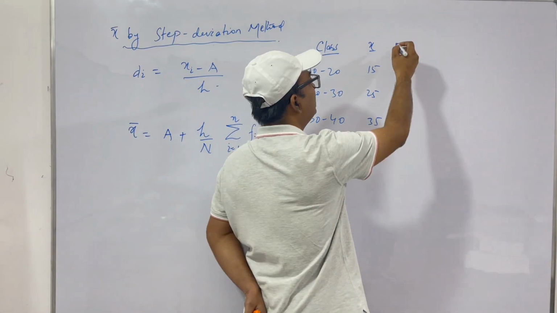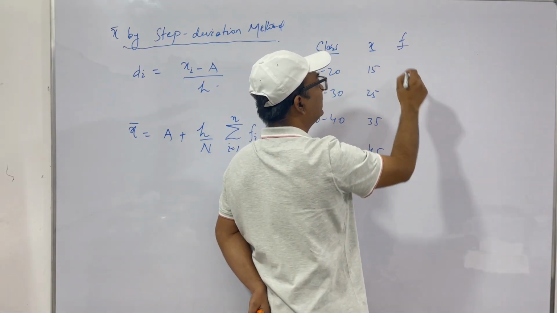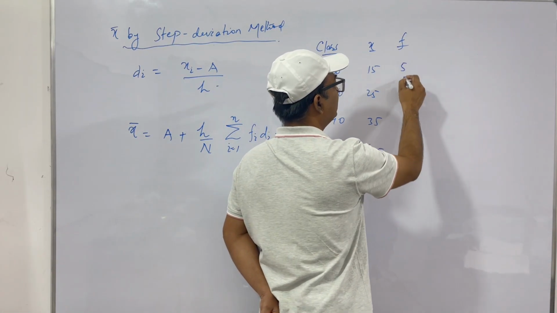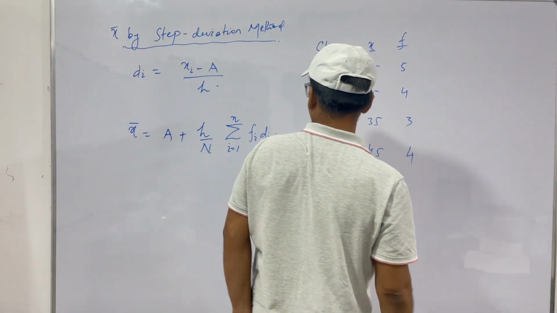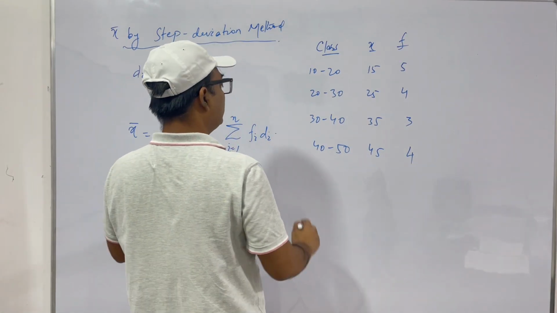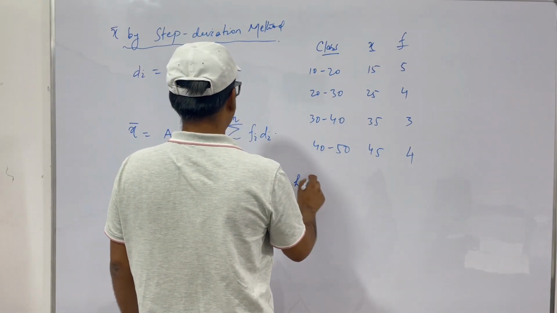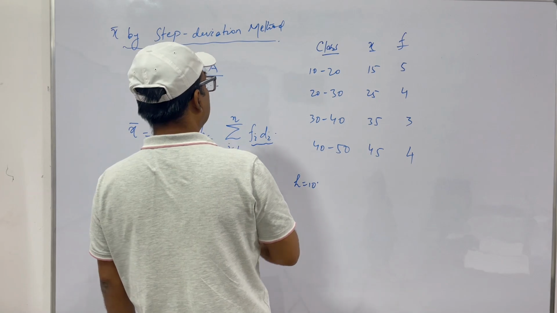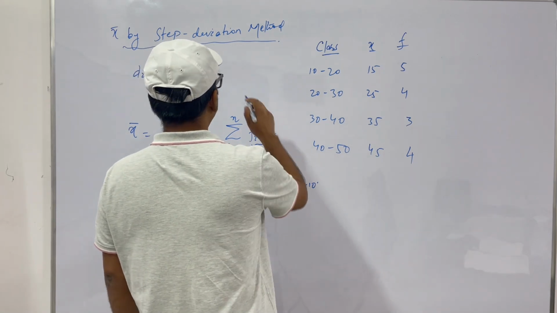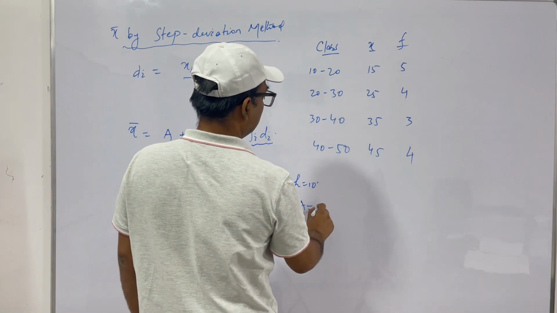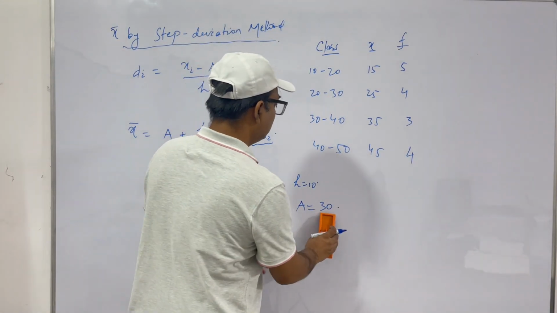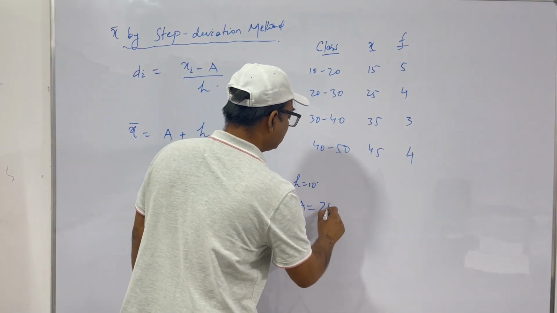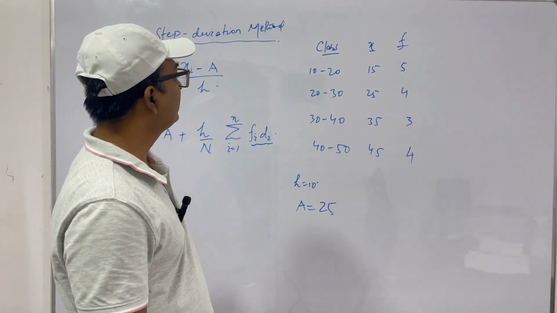Let's say the frequencies associated with these are 5, 4, 3, 4. We have h equal to 10 here. What we have to find is fi into di. What is di? Let's say our a is 25, the midpoint.